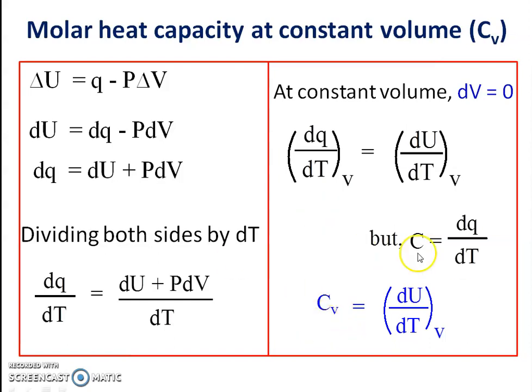So Cv is equal to dU by dT at constant volume. Thus heat capacity at constant volume is the rate of change of internal energy with temperature at constant volume. So this is molar heat capacity at constant volume.